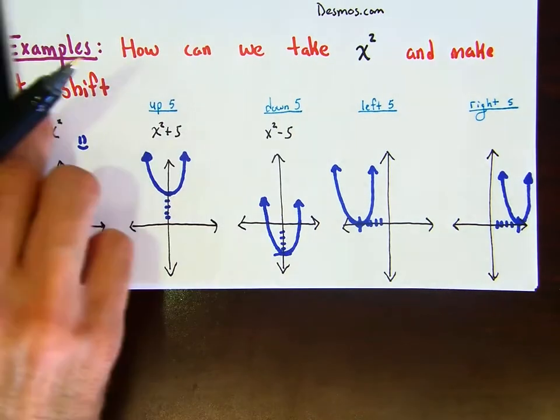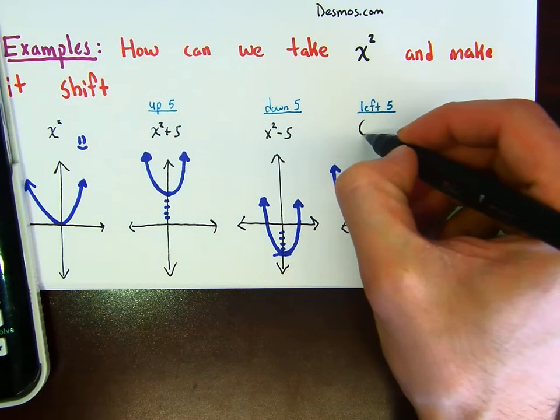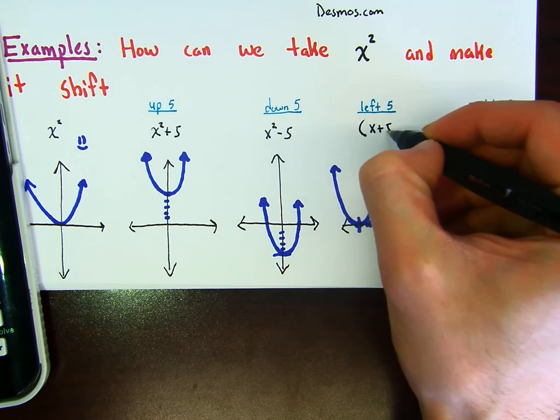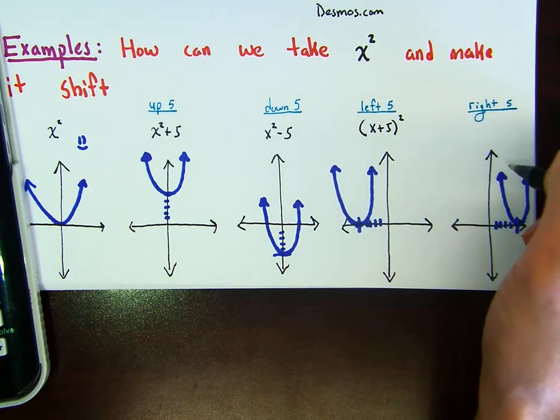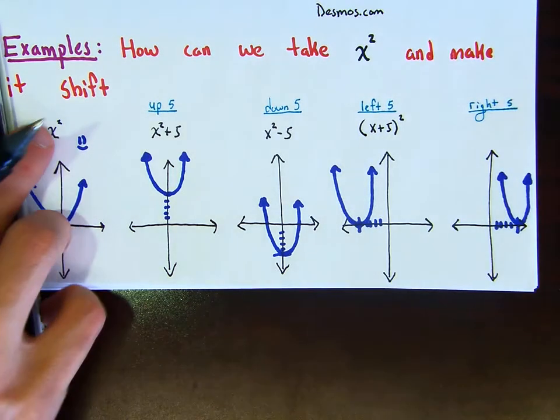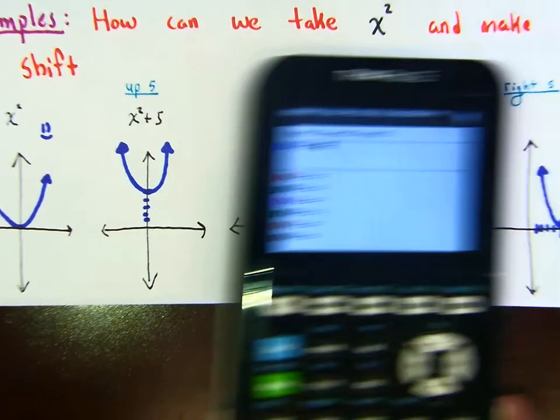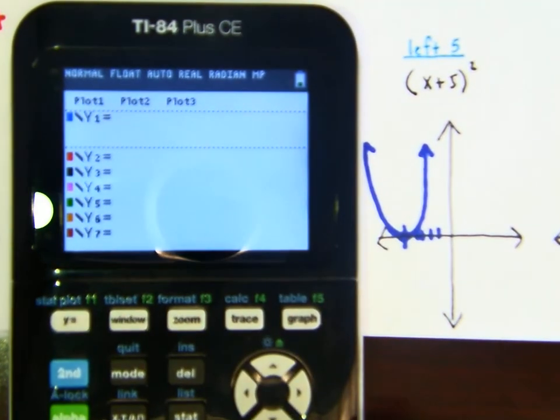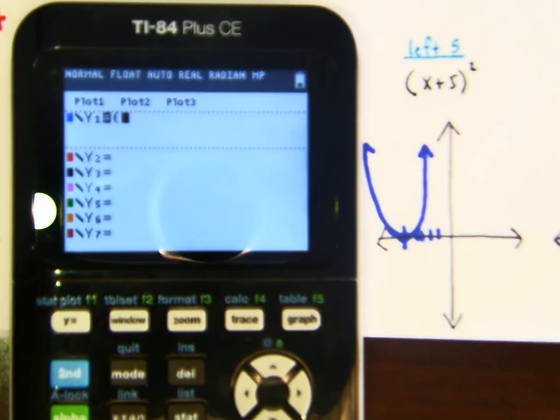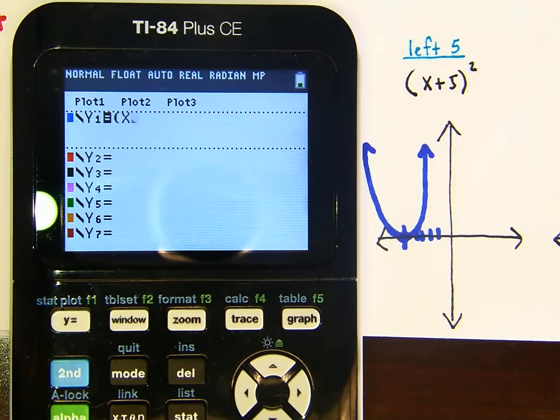So yeah, let's say you paused the video and you tried. The way you would do it is parentheses x plus 5 squared. This would move it left 5. So let's just take a look. If I have this and I wanted to zoom in, this is parentheses x plus 5 close square.